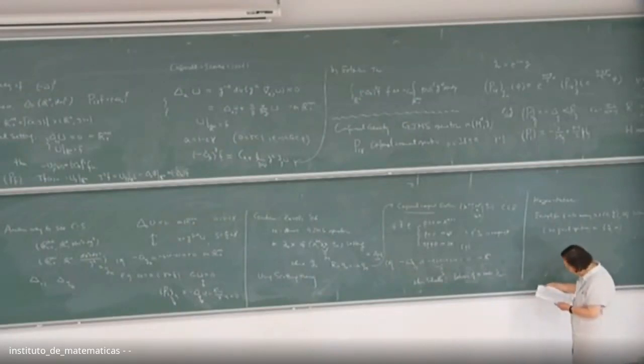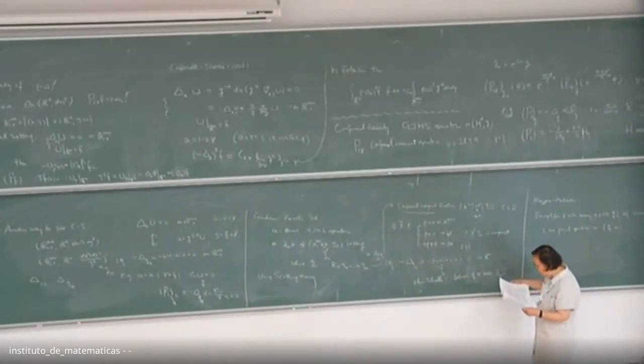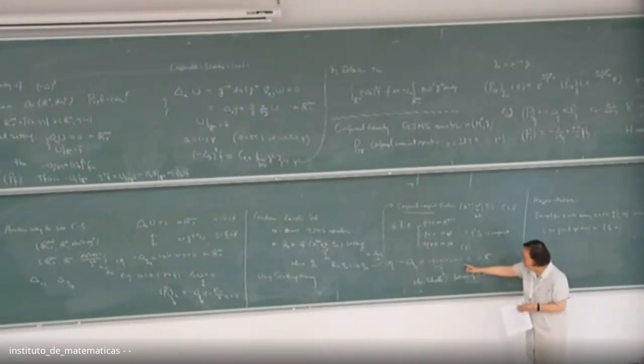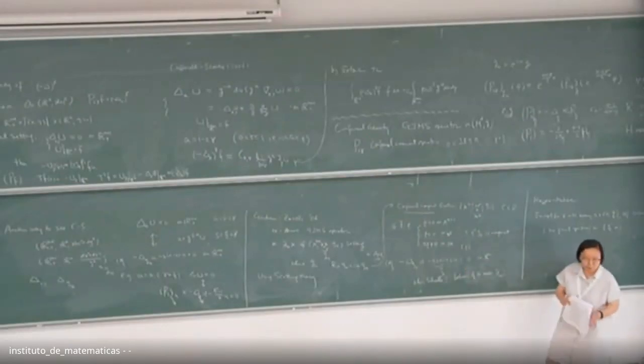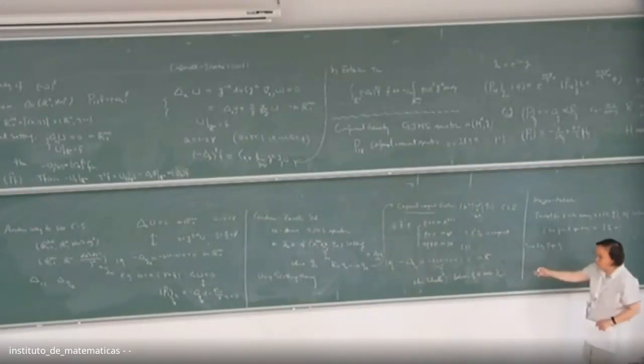And now, except for finitely many of these, we can solve this equation. And let me mention some key properties of the solution of this equation without really proving them.